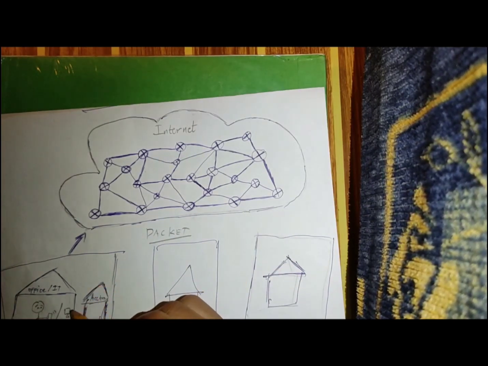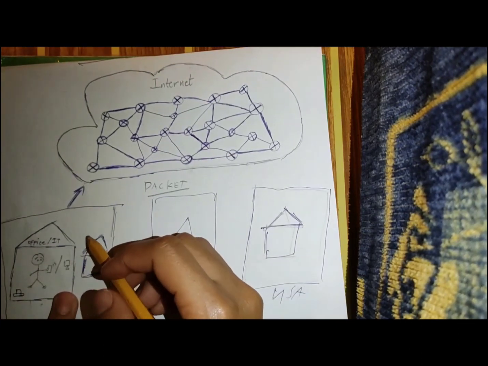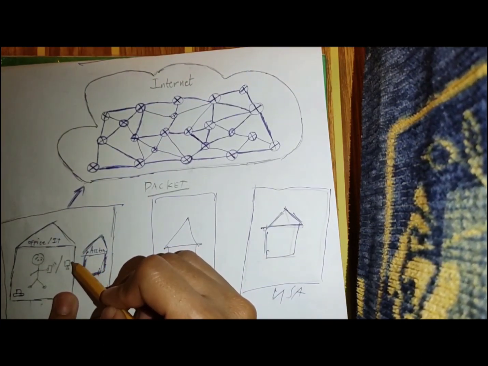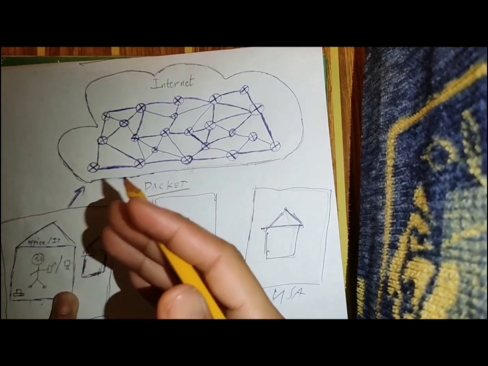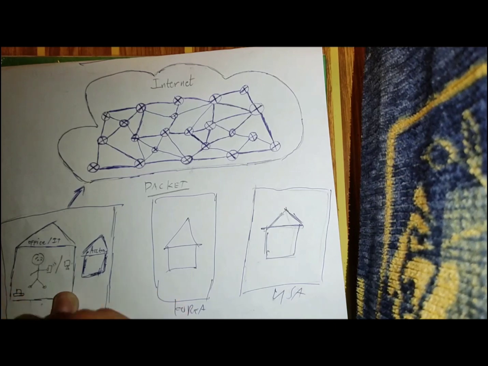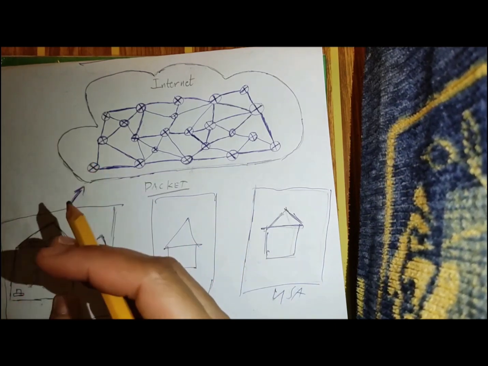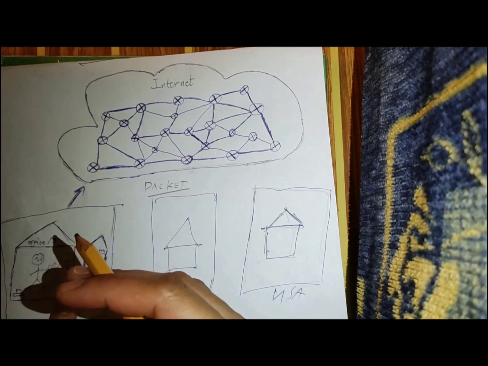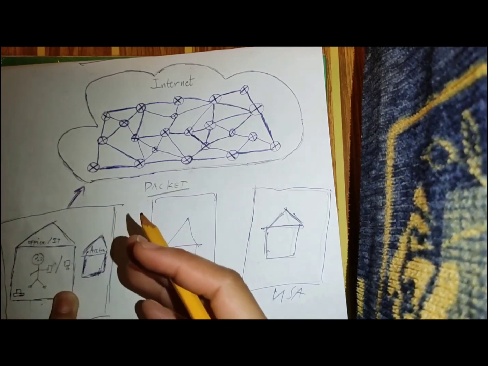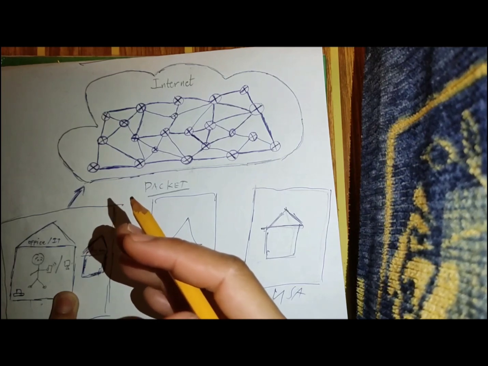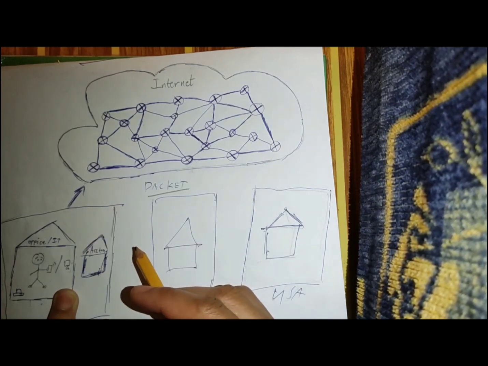So this computer sends the packet to the switch. After the switch receives the packet, it looks at the destination address and figures out where to send the packet. It understands that it has to send the packet to the router.